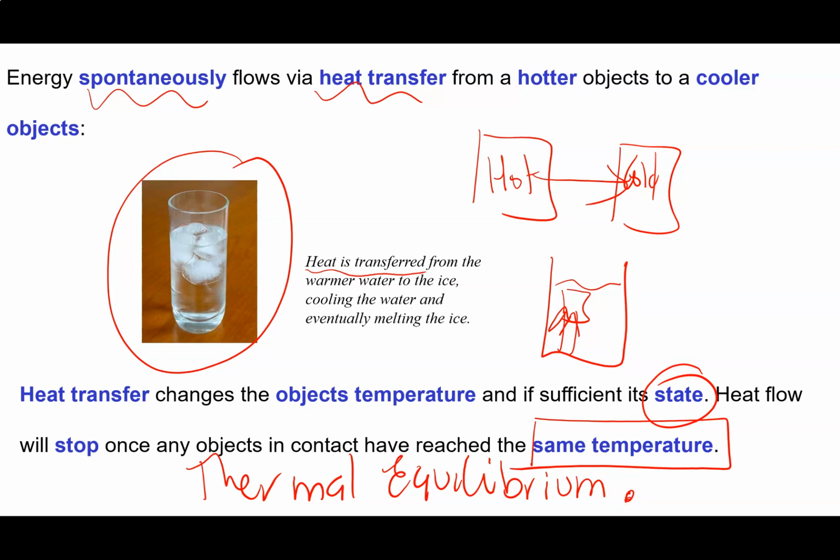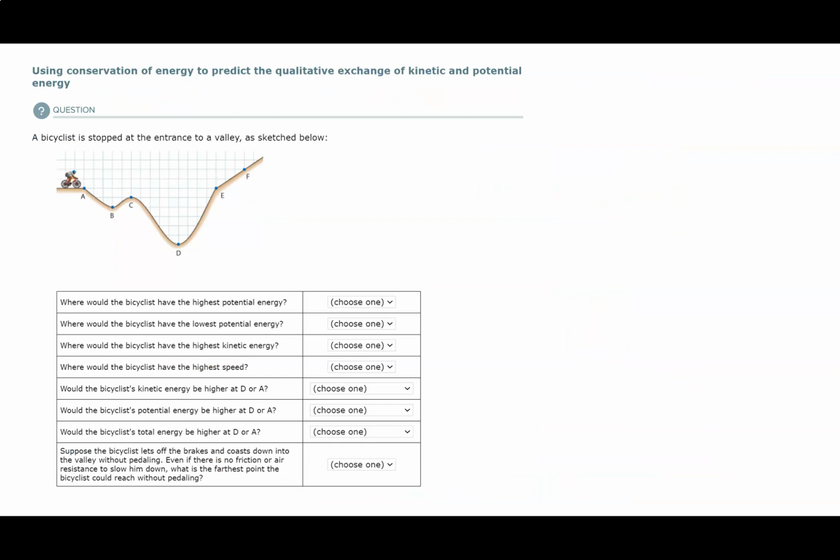So here's an interesting problem concerning the conservation of energy, and we're looking at the exchange between kinetic energy and potential energy. So you're asked to consider a cyclist who is not moving. So what we really mean is that their kinetic energy equals 0. They're not moving, they are stopped.